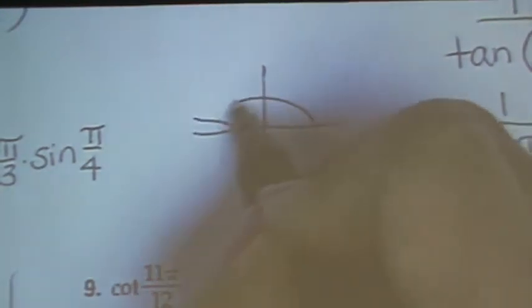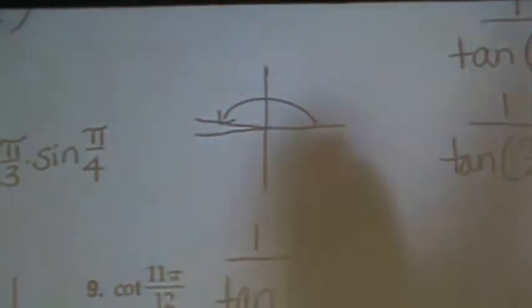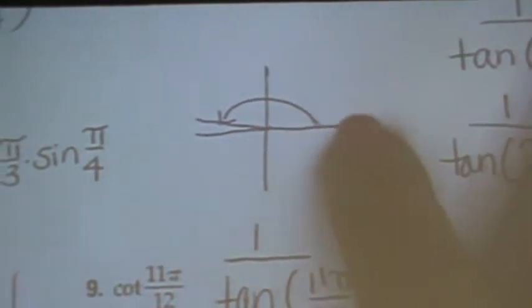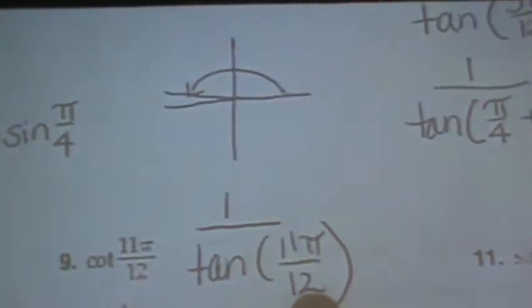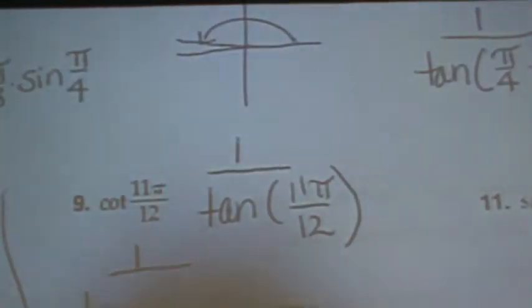So this is where you're at, right here. So you have to add more than pi over 6 and pi over 3 and pi over 4. So converting your angles as much as you can, you're going to end up with the tangent.